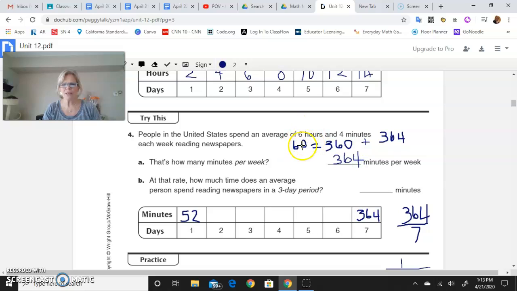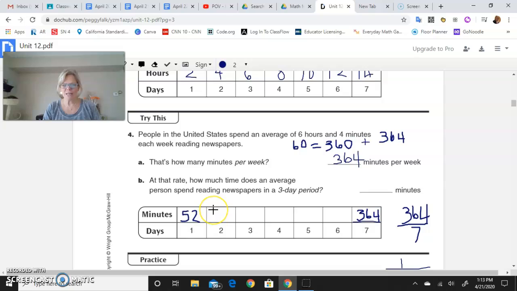Okay, so a little converting here. At that rate, how much time does an average person spend in a 3-day period? Well, up here, I know that we read 364 in 7 days, which is the same as a week. Well, if I want to find the minutes per day, the unit rate, I'm going to do 364 divided by 7, which would give me 52.